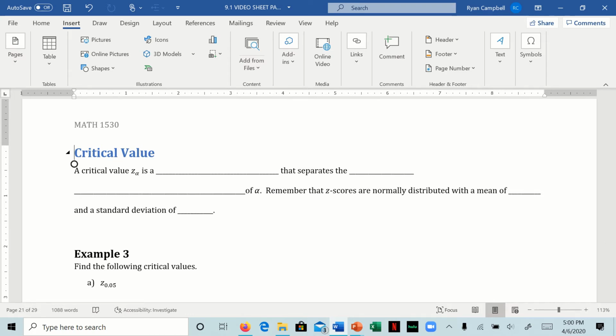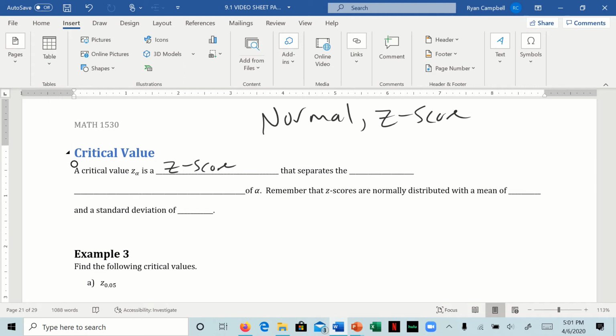All right, critical value. So we got to go back to our normal distribution section, our z-score section. Now let's talk about critical value. A critical value is a z-score. We typically see it as z alpha. If you remember earlier, here's finally where that alpha might be coming from.